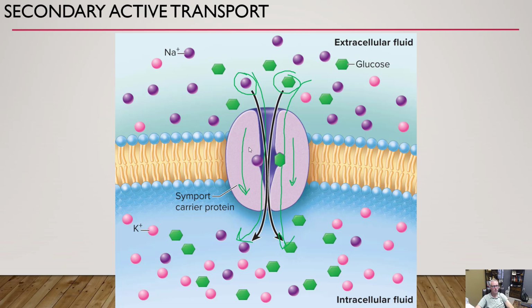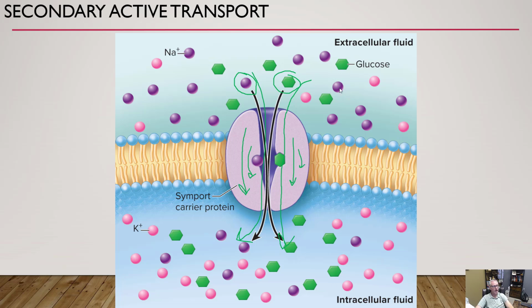So sodium's going to be the primary facilitated diffusion, so go ahead and bring in glucose as well. If sodium doesn't require an active process, facilitated diffusion doesn't require ATP, then why not go ahead and bring in glucose as well? That's the only reason why we call it secondary active transport.